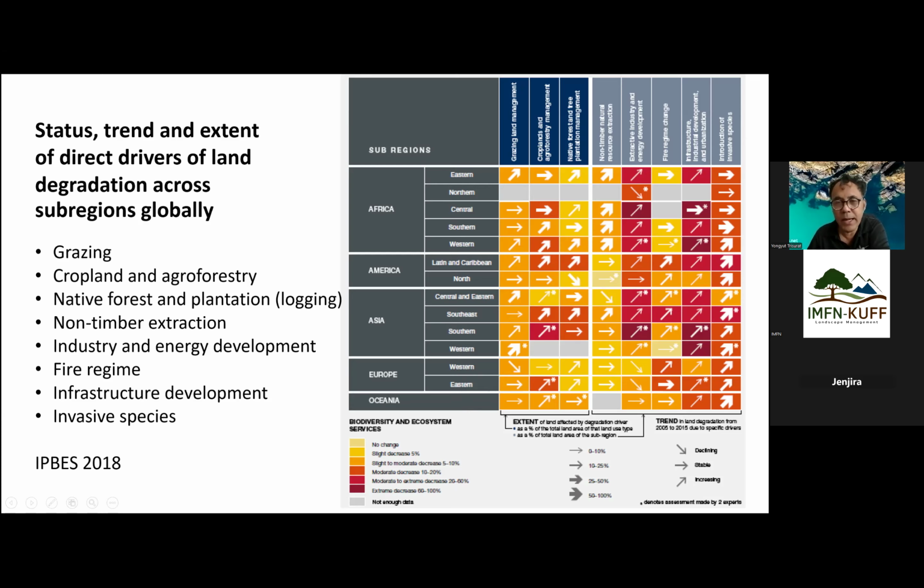So if we compare to the Western European countries, which are more developed than the Eastern countries, the problem of the crop production, harvesting, and the non-timber forest product and extraction from industry are either stable or decreasing. But the problem for the invasive species happens in all regions and the trend is increasing.